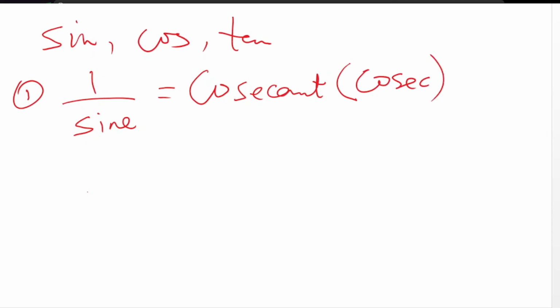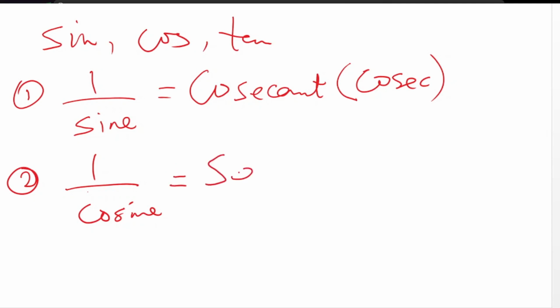This might be a little bit confusing. By the time we look at the three of them, we then look at how you can determine which one is the reciprocal of sine, which is the reciprocal of cos, and which is the reciprocal of tan. The second one is the reciprocal of cos, which is 1 over cosine, and that gives us secant, in short form sec.